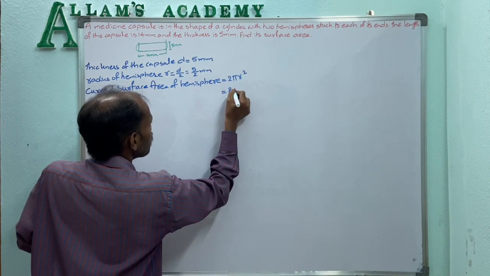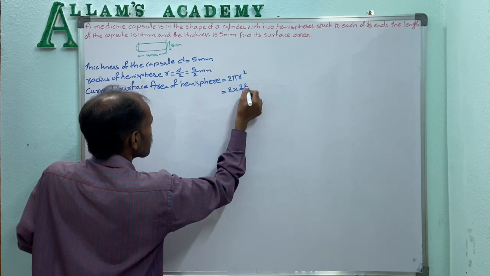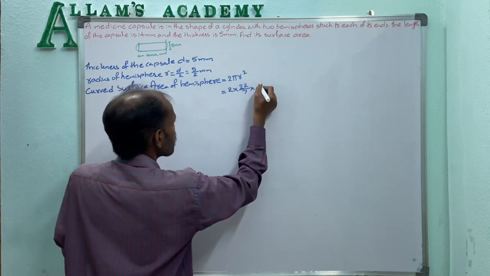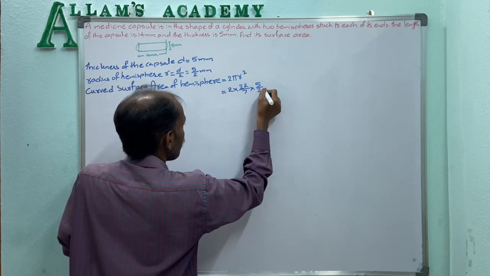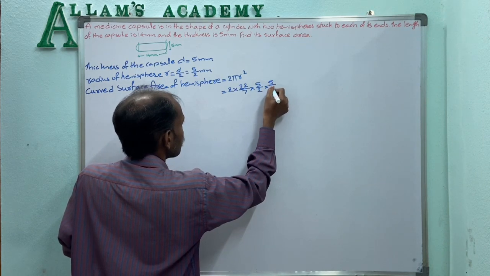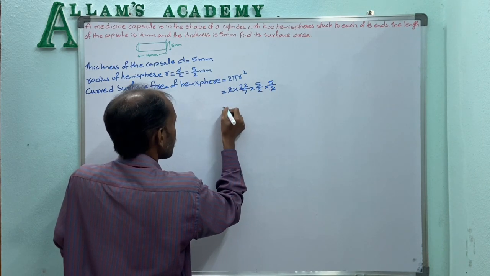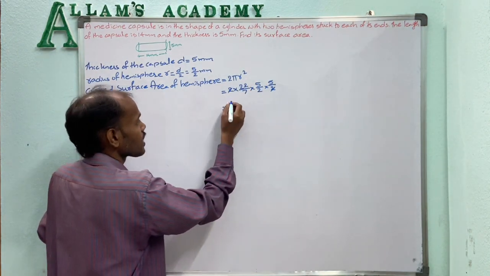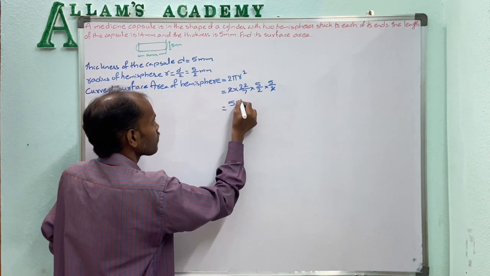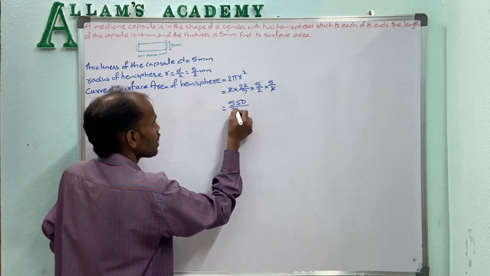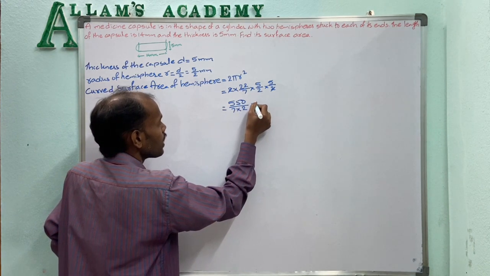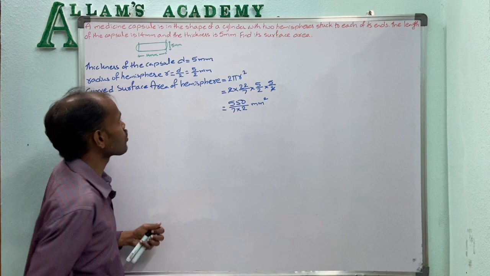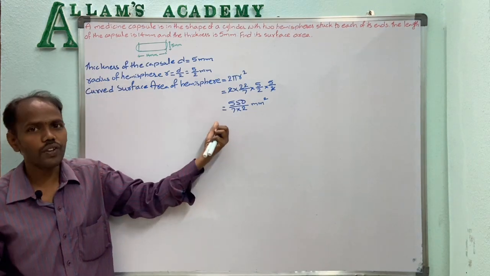So 2 into pi equals 22 by 7, taking r value as 5 by 2 into 5 by 2. So 2 gets cancelled. So 22 into 5 into 5, that is nothing but 550 by 7 into 2 millimeter square. So that is the curved surface area of the hemisphere.